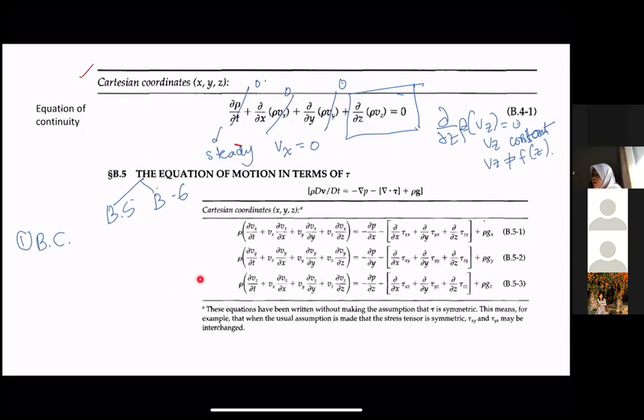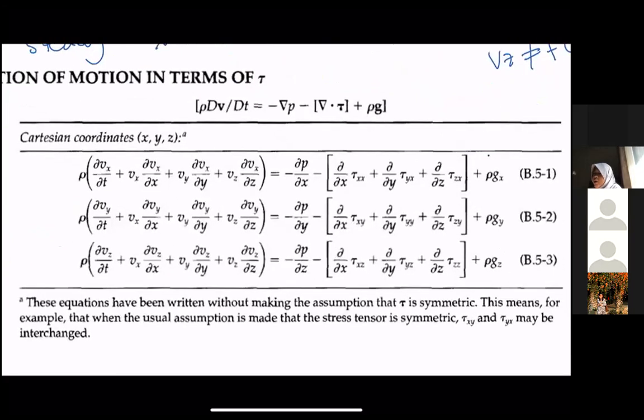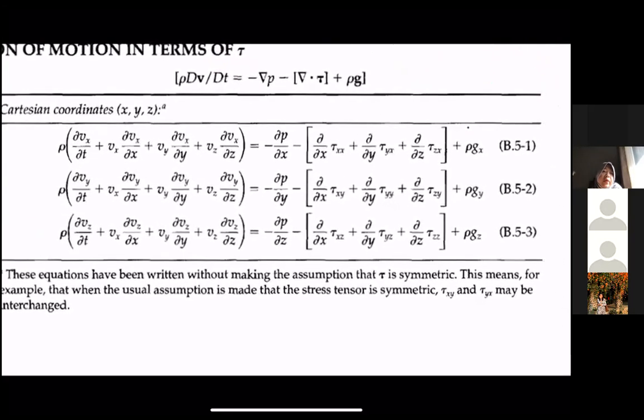So we're going to use this equation, because the velocity is in the direction of z. Then what you need to do is try to identify the terms one by one.